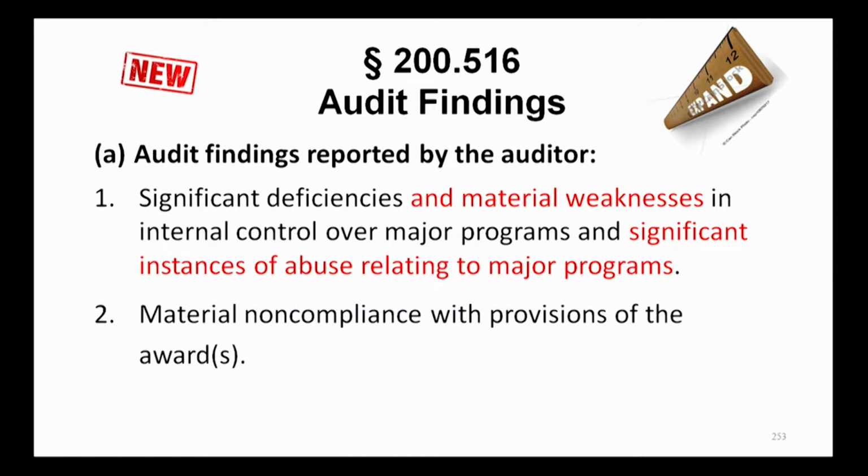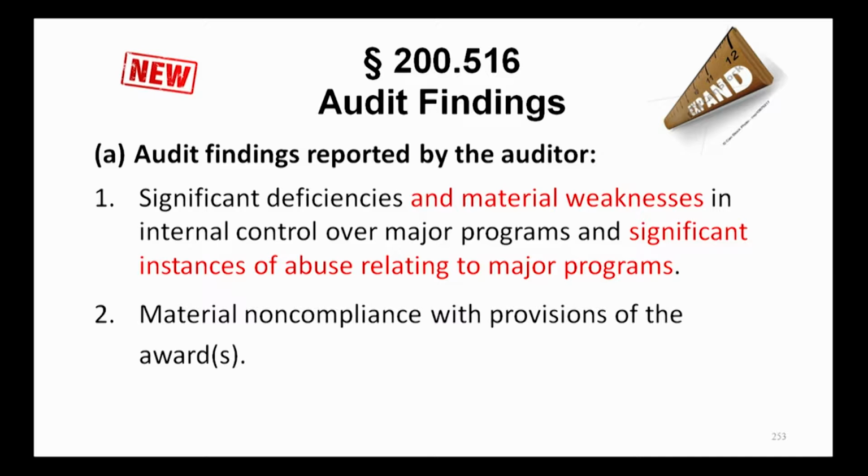So there's new language here, highlighted in red, in this section: significant deficiencies and material weaknesses in internal control over major programs and significant instances of abuse relating to major programs. So that's the new language in paragraph 1.